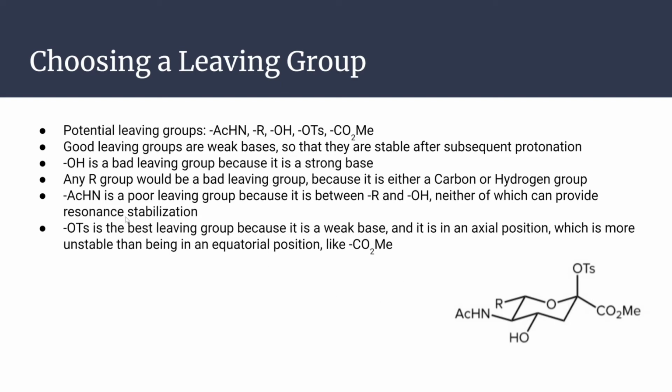Okay, the ACHN group is also a poor leaving group because it's in between the R side group and the hydroxyl group, neither of which can provide a lot of resonance stabilization, especially the R group.